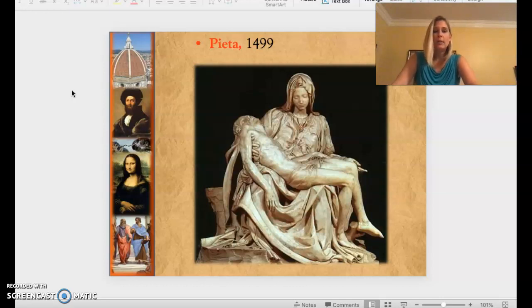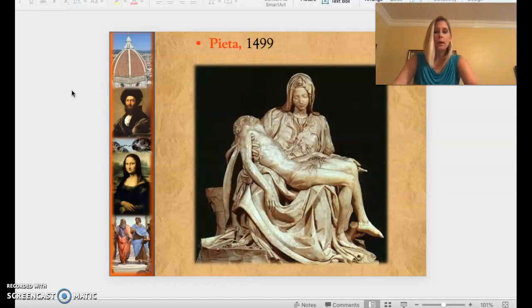You can go and see this sculpture wonder today at St. Peter's Church in the Vatican, which is in Rome, Italy. Again, it's a one-of-a-kind. It's absolutely beautiful in person.